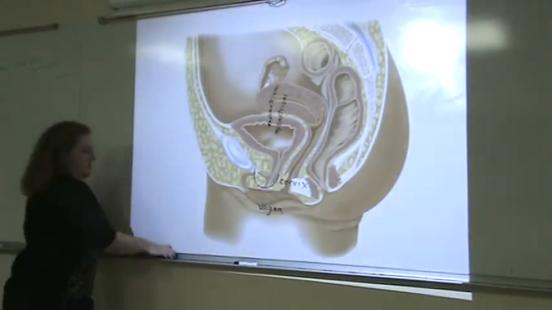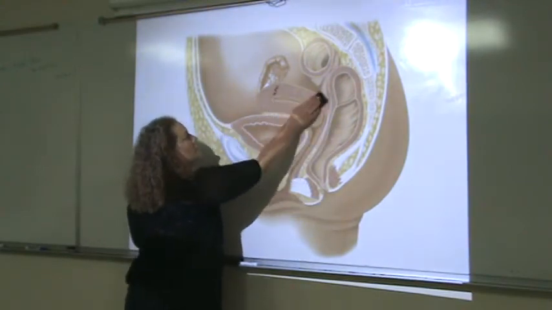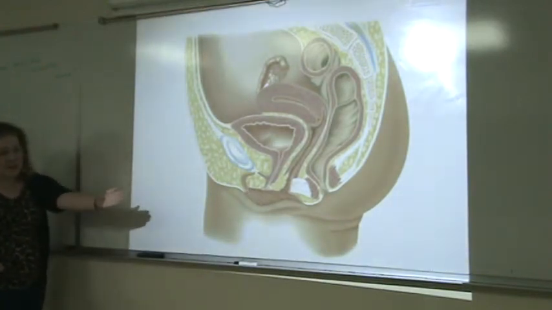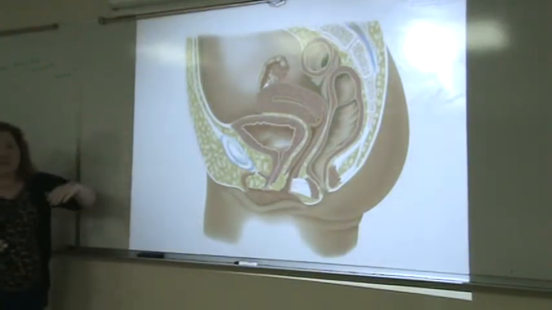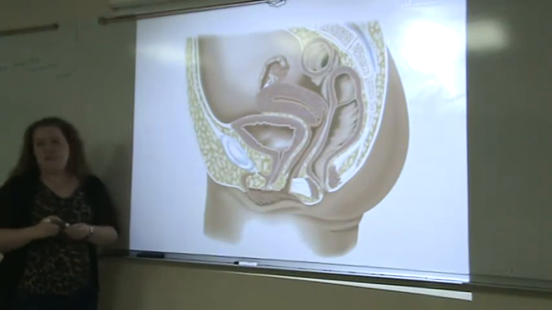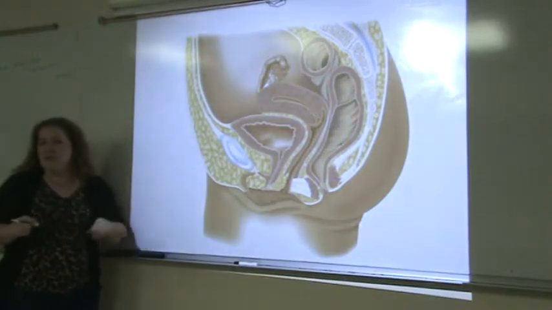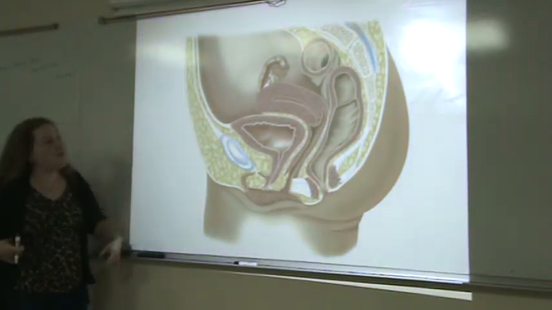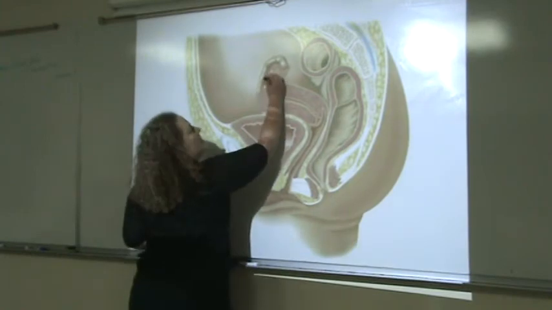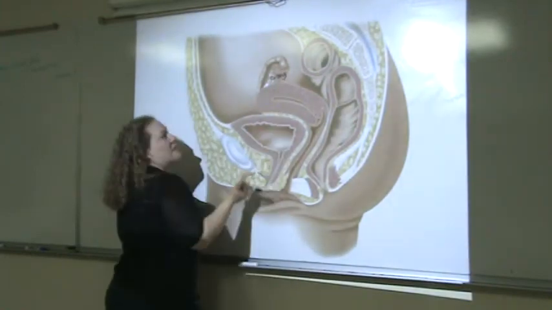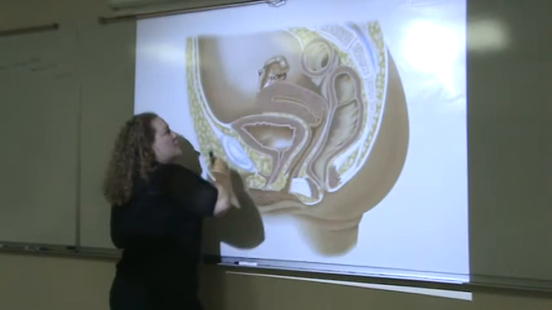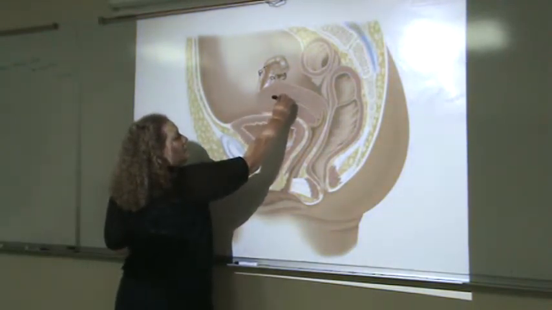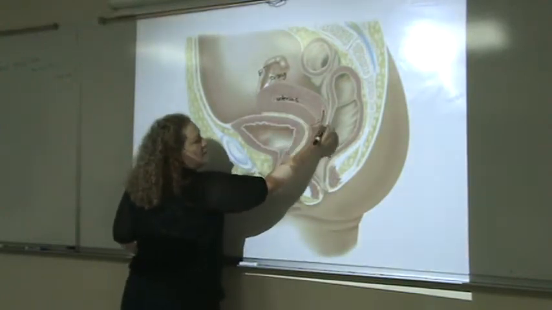Okay, side view. So we're looking now at a cross section through the female reproductive tract and digestive tract and urinary tract also. This is one of the most important pictures that you'll have in lab, looking at lab models and so on. So let's label on here too. There's the ovary. There's the fallopian tube. Here's the uterus, cervix.